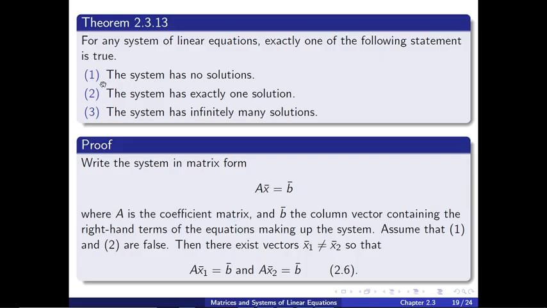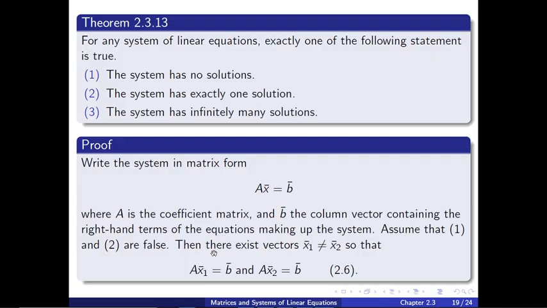That's what it means for 1 to be false. It has solutions and it has more than one solution. So we want to show that if it has more than one solution, then it has to have an infinite number of solutions.